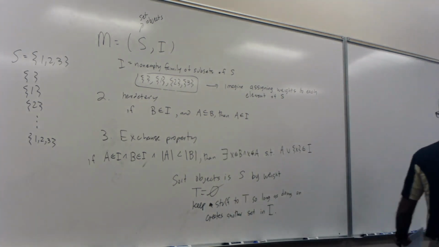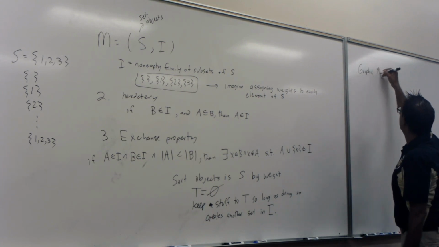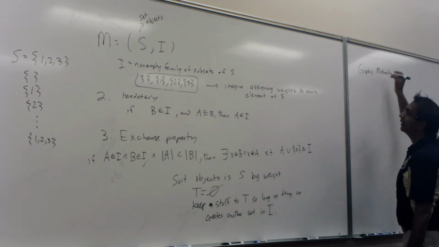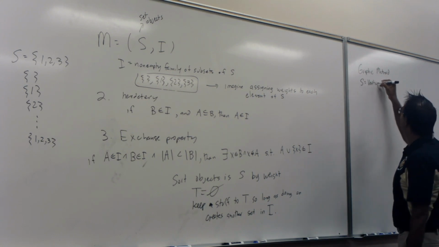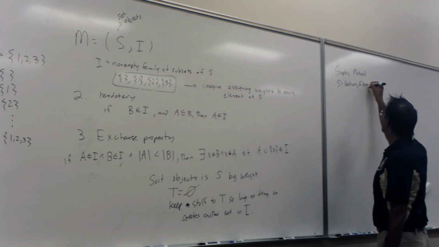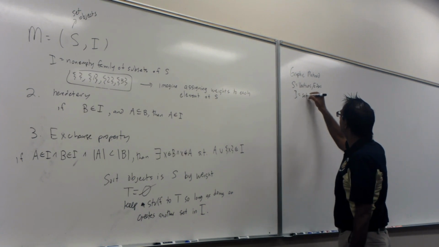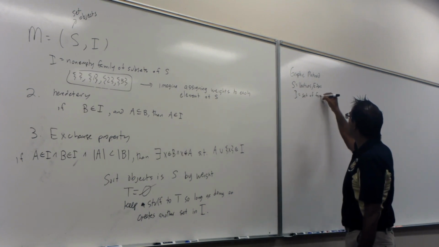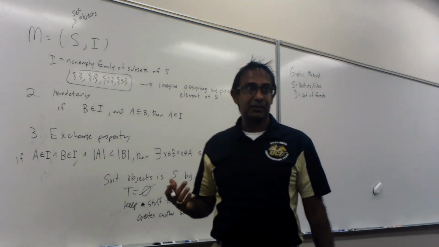So the graphic matroid is that your S is a set of vertices in a graph. And it's the whole graph, really. In some sense, you need to know where the edges are. Your I is going to be the set of forests. So any set of edges that doesn't have a cycle.